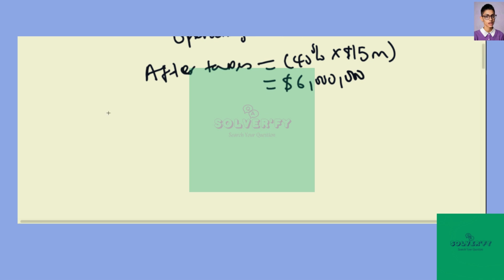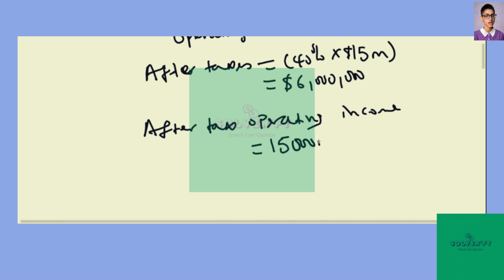So the after-tax operating income now would be the operating income of 15 million minus the tax of 6 million. So the after-tax operating income would be $9 million.